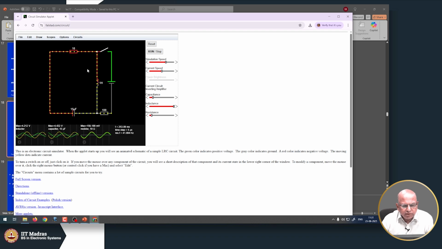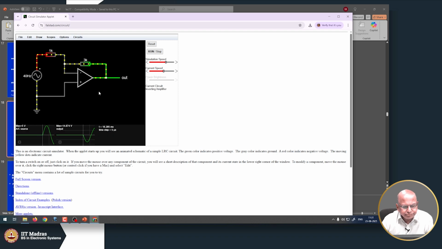So, let us say we have an inverting amplifier. If you apply a sinusoidal waveform, the output may be this sinusoidal waveform. Okay. So, you can see that the input has a maximum value of 5 volts and here the gain of this amplifier is minus 3, right.